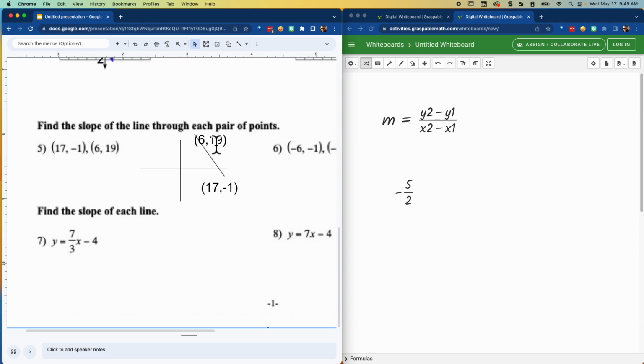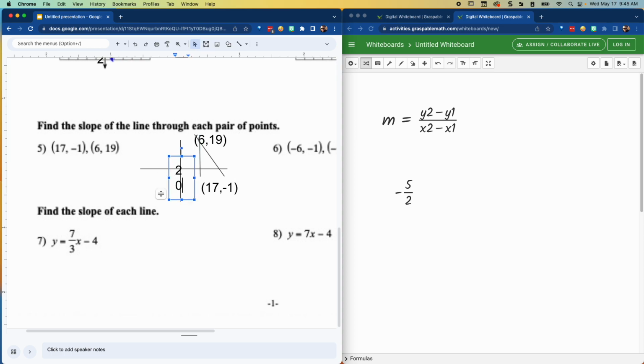So the vertical is going from a y value of 19 to a y value of negative 1. So how much is that vertical, going up and down? That's going to be a value of 20.